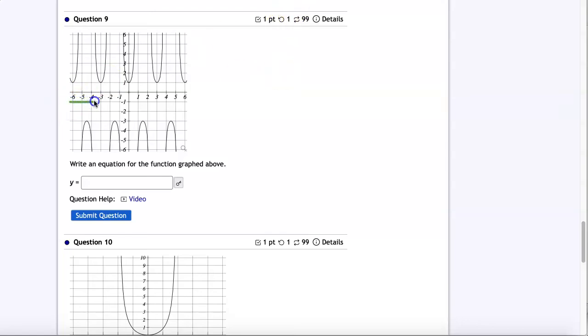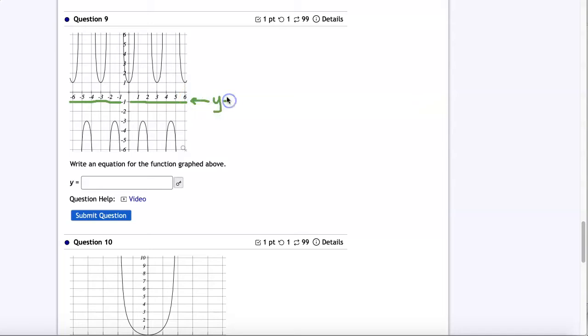So I'm going to just draw this -1 line here, and you can see then that the distance from the midline up to the bottom of the curve here is 2, and from the midline down to the top of this curve is 2. So that means that I know that I have a midline of y equals -1.